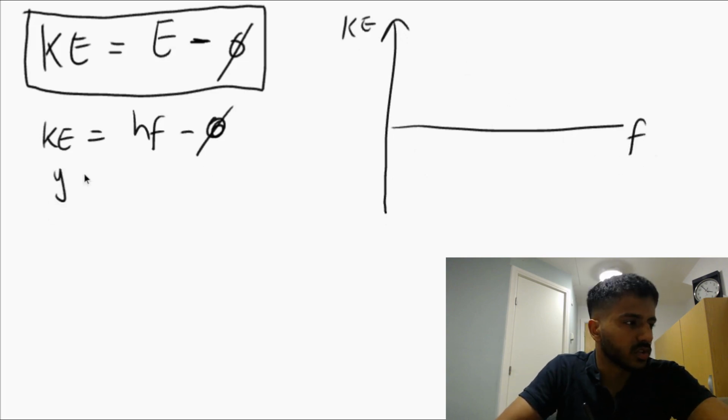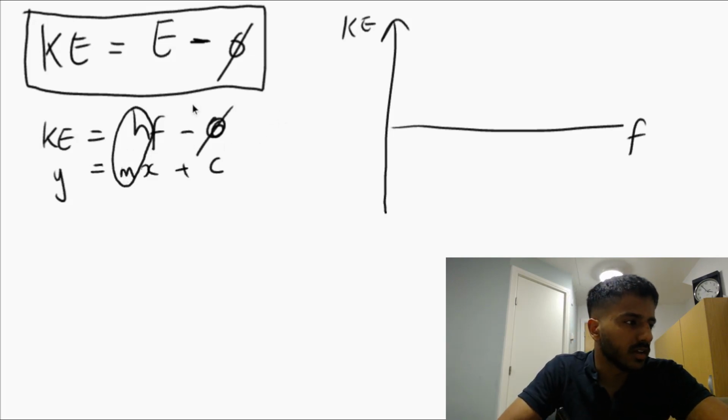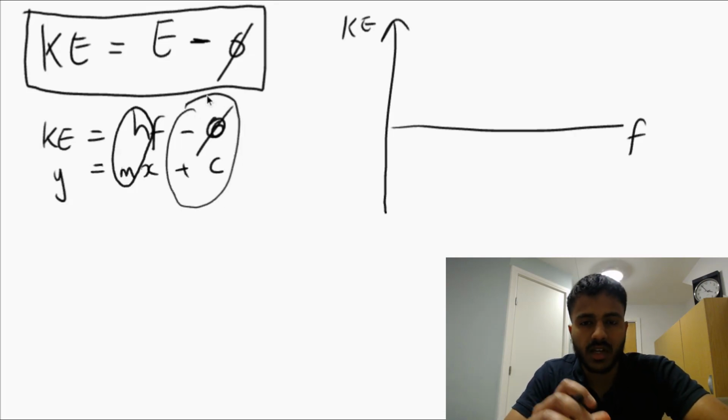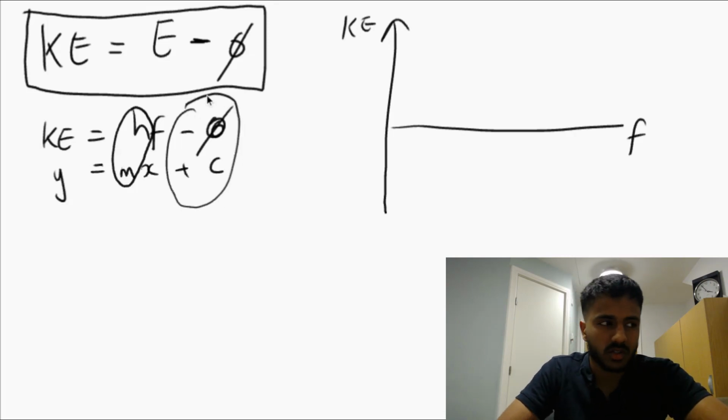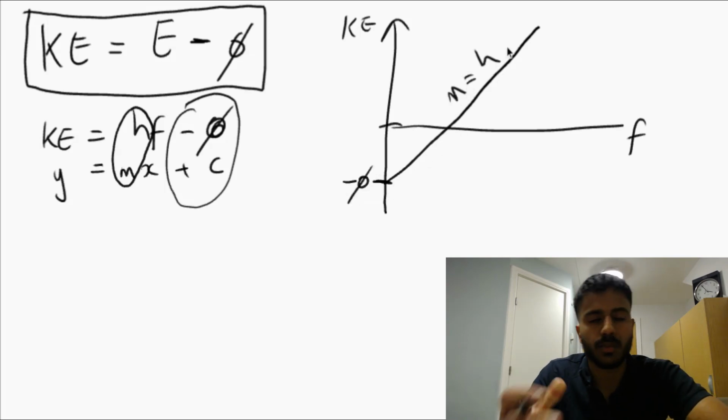And we can just do simple analysis to see that the gradient of this graph is going to be given by Planck's constant, and the y-intercept of this graph is going to be the negative of the work function. So you're going to see a graph that looks something like that, where this value here is minus the work function, and the gradient of this graph is equal to Planck's constant.